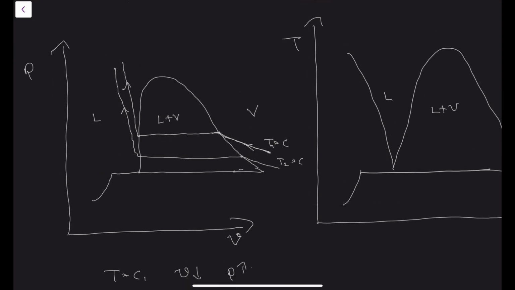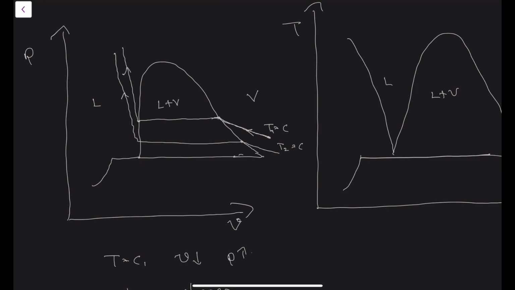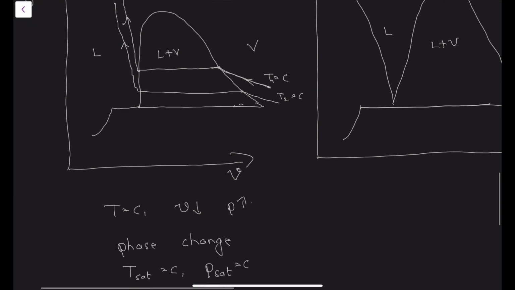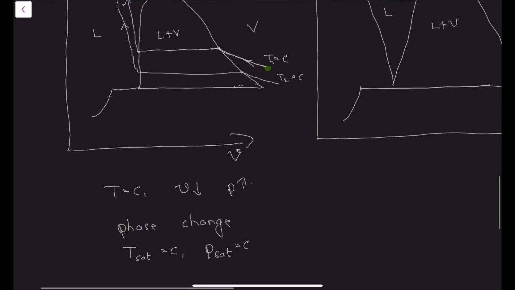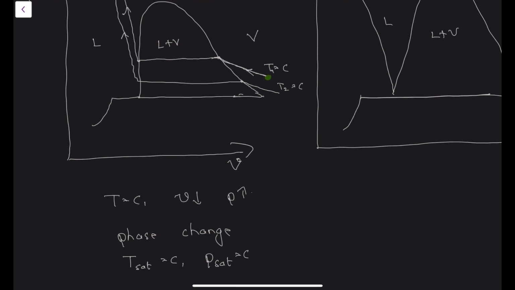Now we have understood how to draw an isotherm in a PV diagram. So let us see what is the concept of compressed gas. Let us take a state point here. If you want to bring it back to its saturated state at constant temperature, you need to increase the pressure.